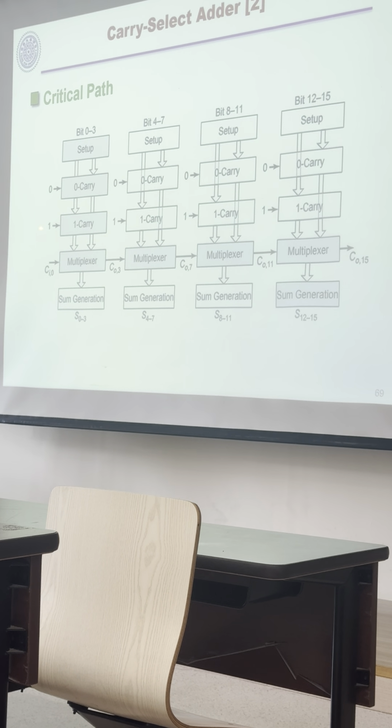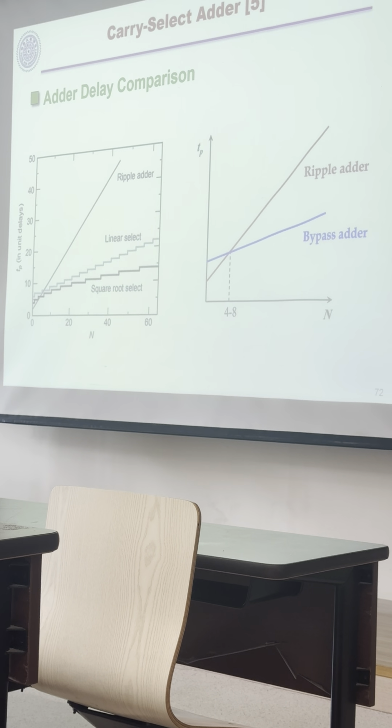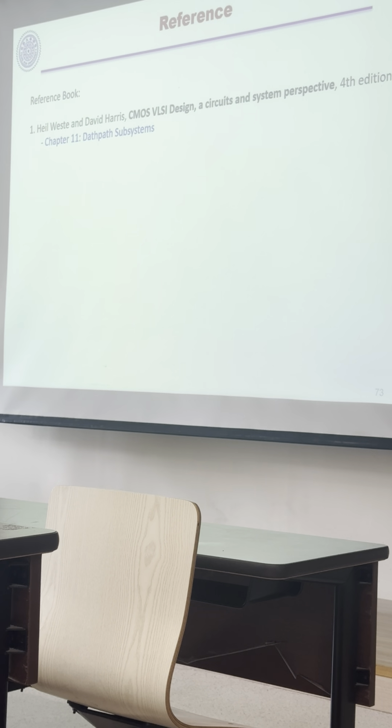You calculate all the things first, and then use the multiplexer to select the 0 or 1 and then pass to here. Concept is simple. As I put these two together, this ripple is the slower one, bypass is faster, and this select should be much faster because you already calculate all the things. Just do the select.